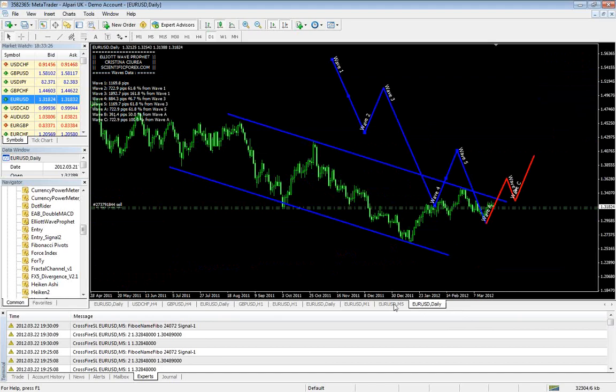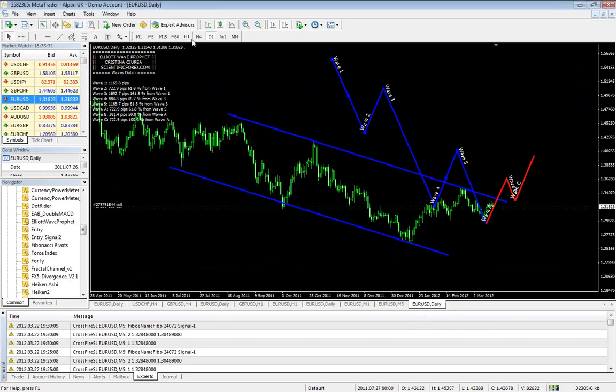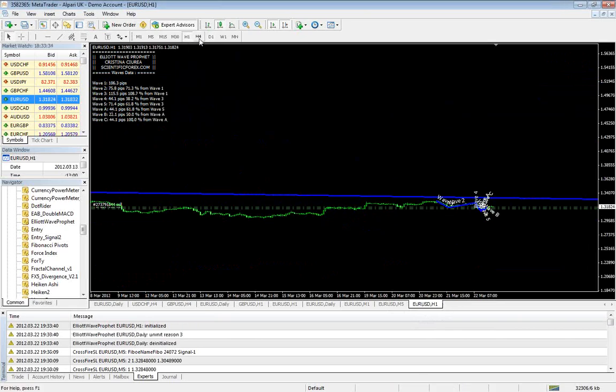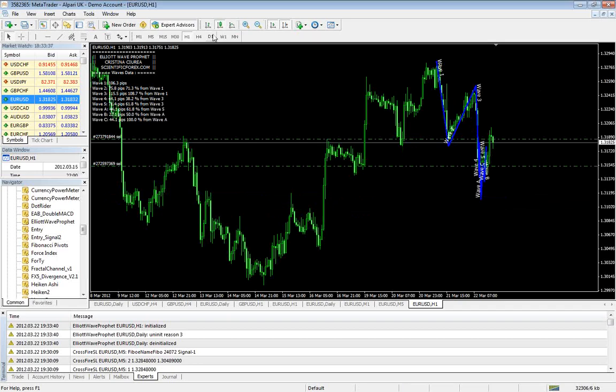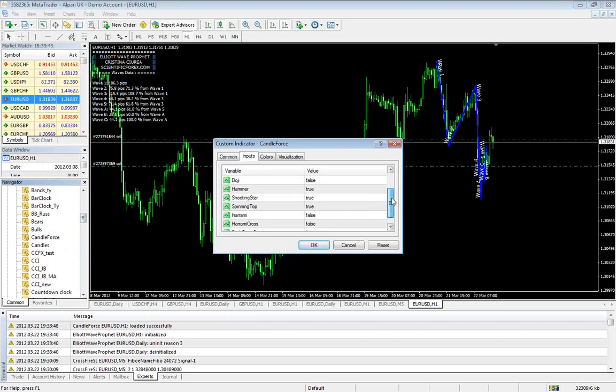If you go to a chart, let's say this one, I'll delete Elliott Wave. Actually, leave it there. I'll go to H1 and I'll put here Candle Force. So what I will do in your case, I'll take one by one. Let's say I will take only doji.